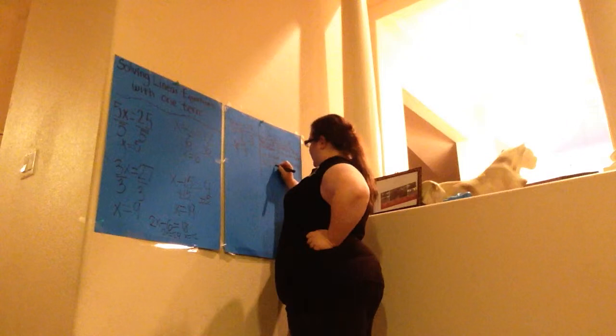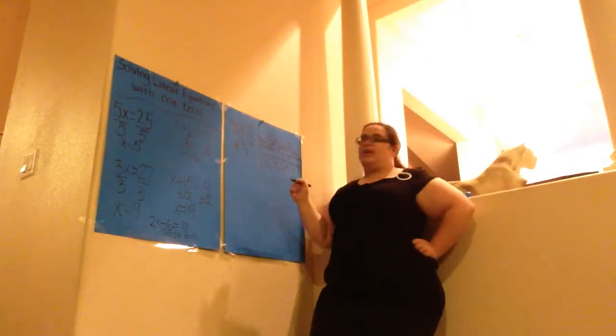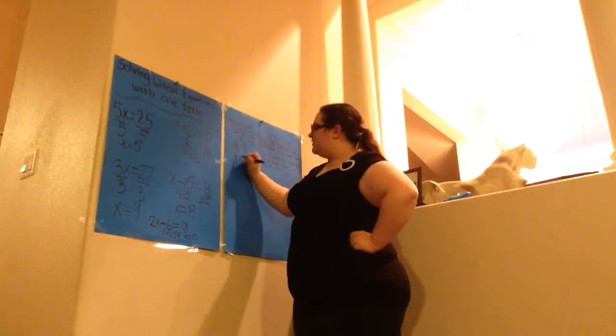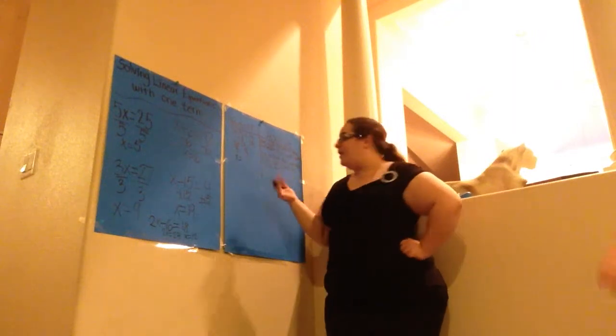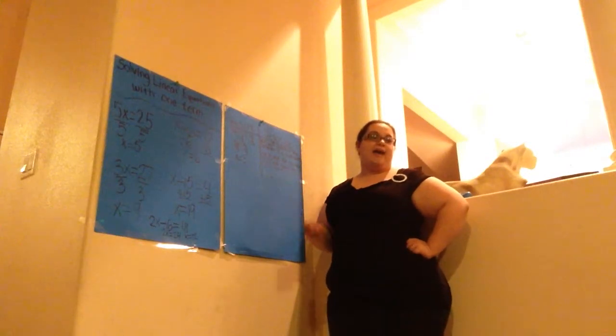Very good. Solve for x. So once we divide 3 on both sides, what is our answer? Michaela? x equals what? 3. Very good. x equals 3. So we can say our final solution is x equals 3.